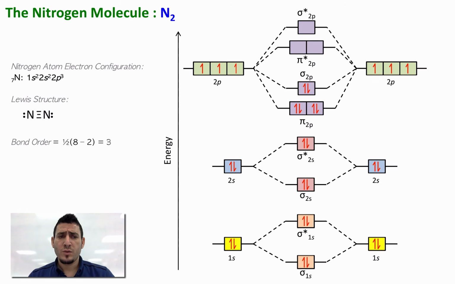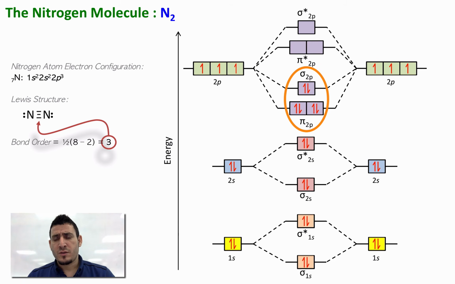Now the bond order will be 8 minus 2 multiplied by half, and that's equal to 3. And we all know that the Lewis structure of nitrogen has a triple bond between the 2 nitrogens. So this is also confirmed. Now looking at the electrons, we cannot see any unpaired electrons for nitrogen, and therefore nitrogen is a diamagnetic molecule.